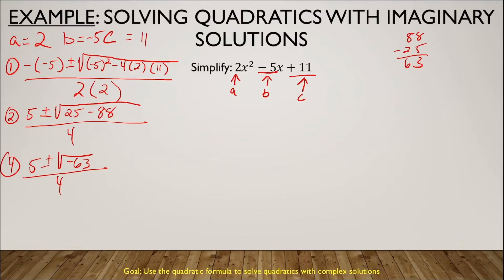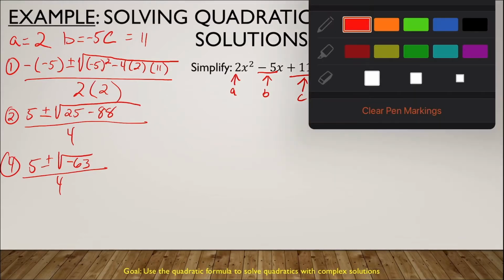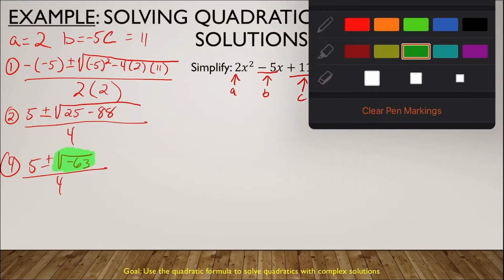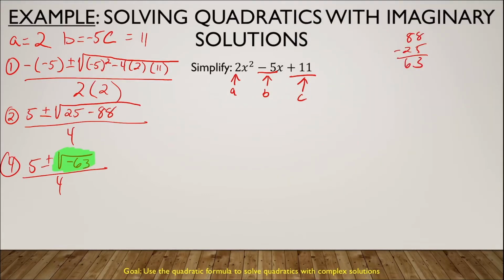Okay. Well, now I know how to deal with not just a square root or a radical, but I know how to deal with something that has a negative in it. So what I'm going to do is take negative 63 and simplify this. First of all I get negative 1 times the square root of 63. I know that the square root of negative 1 is equal to i, right?